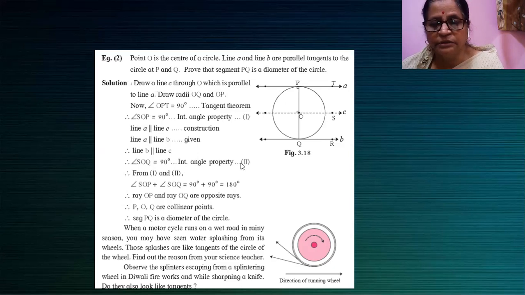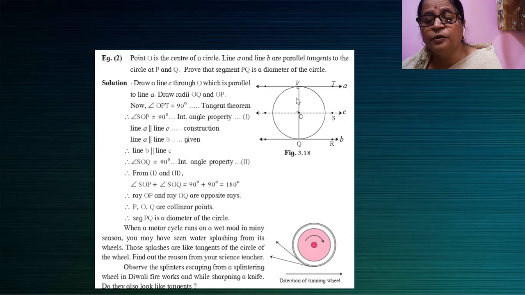It is equation 2. Then from 1 and 2, angle SOP plus angle SOQ is equal to 90 plus 90, meaning total 180 degrees. Ray OP and ray OQ are opposite rays.